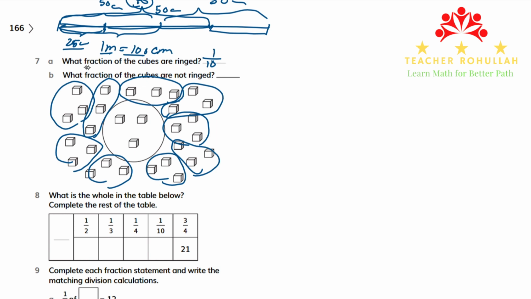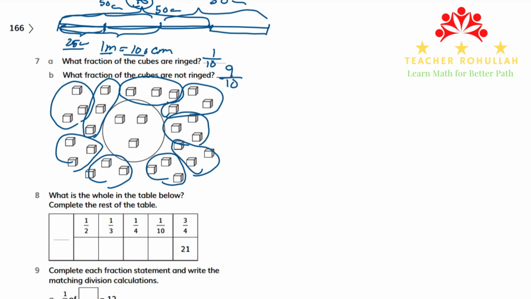And part B says, what fraction of the cubes are not ringed? It is 9/10. Means 9/10 of the cubes are not ringed. We could easily find out by grouping each 3 cubes separately. Well, we are done with question 7.